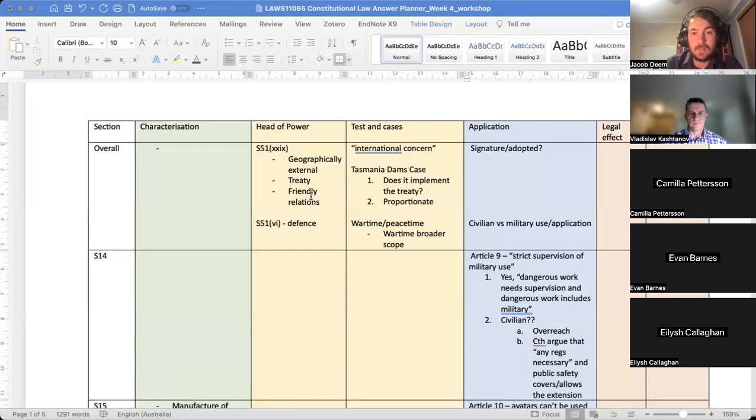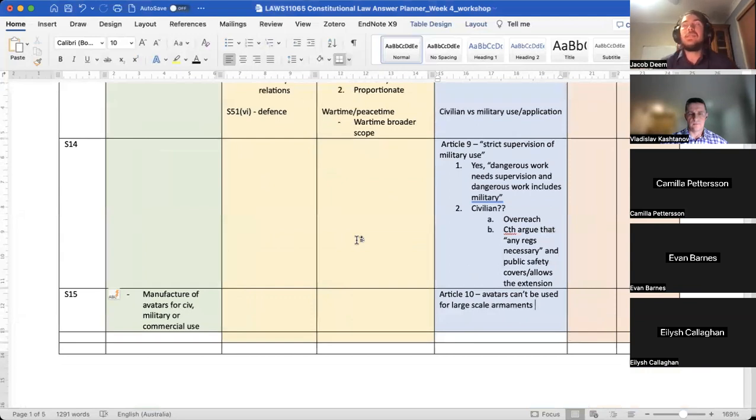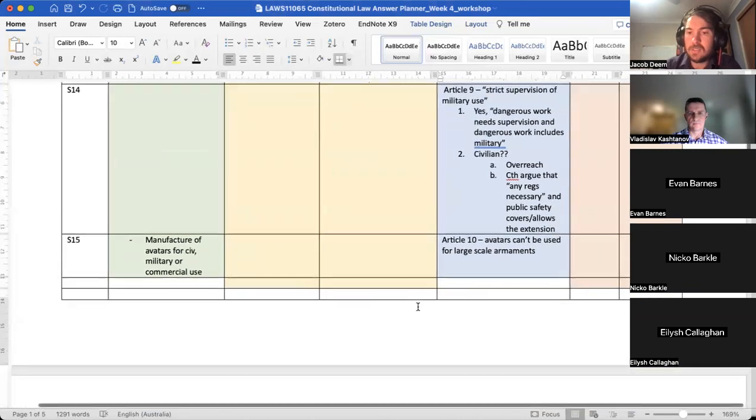So are the articles and the sections, do they sort of link up ordinarily? As in, would you expect to see one-to-one matches of articles and sections in law a lot of the time? Is that sort of what you mean?